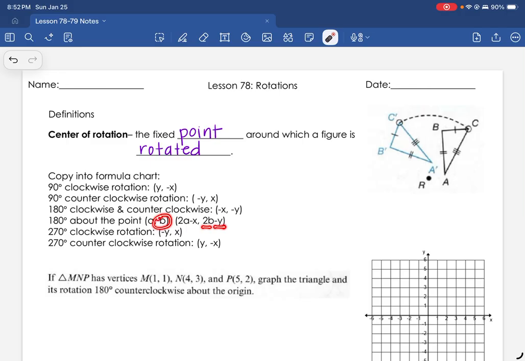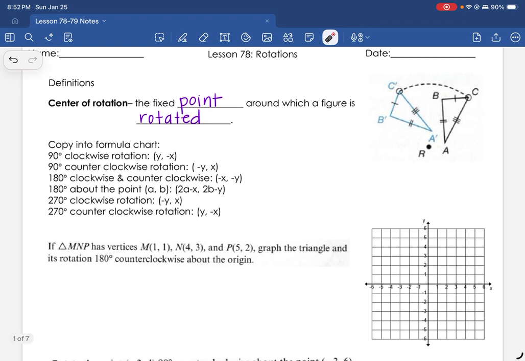So that too will become negative 1. And same for all of these. N prime, instead of 4, will be negative 4. And instead of 3, will be negative 3. And then P prime, instead of 5, we'll have the opposite, so negative 5. And instead of 2, we'll have the opposite, which is negative 2.